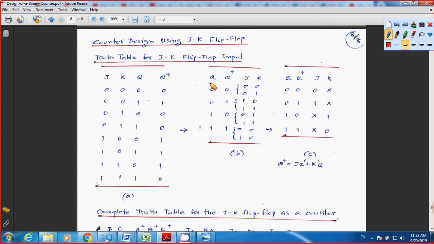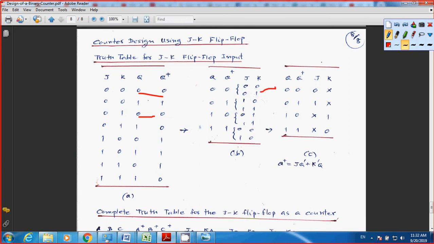And you can summarize the other table using Q plus for JK. You do the same thing for Q plus is 0 here, 0. You have 0 here as well. So it comes from JK equal to 0, 0, and 0, 1. So you have 0, 0, and 0, 1.